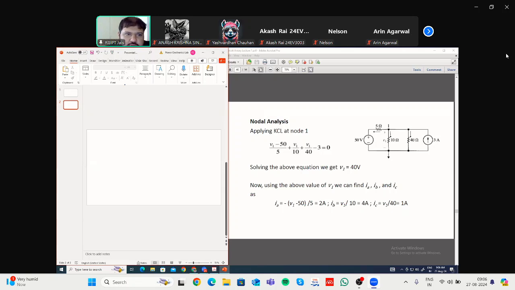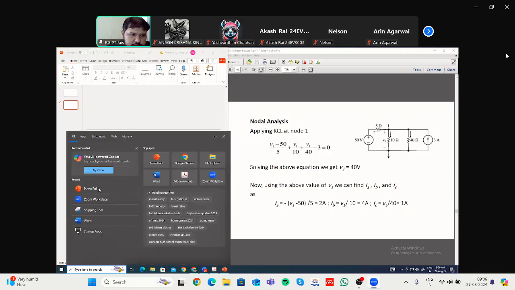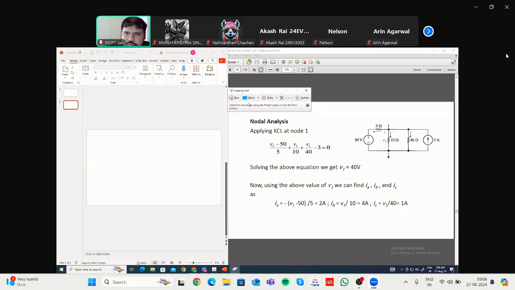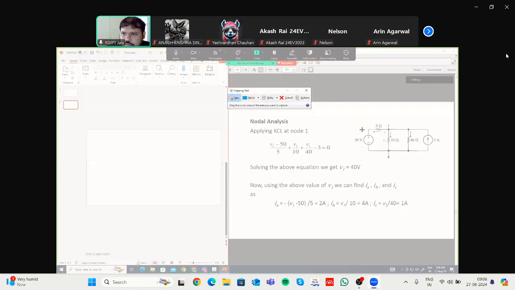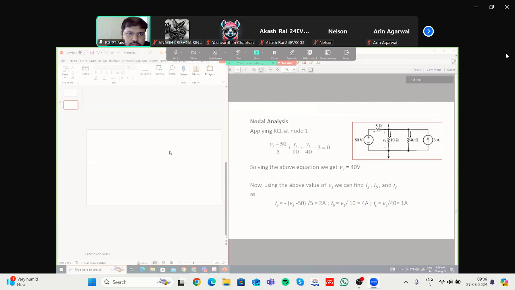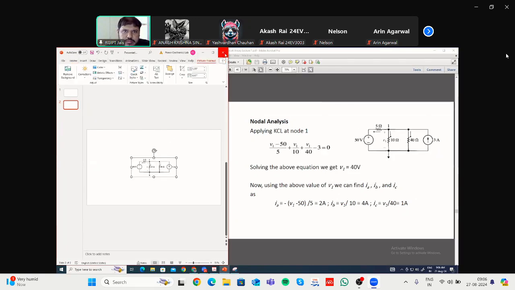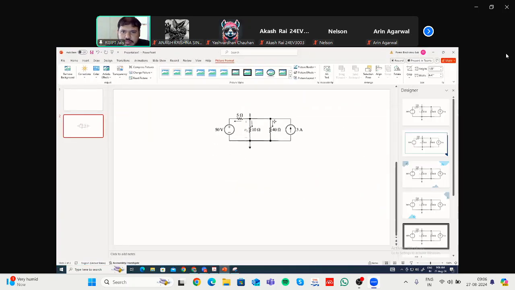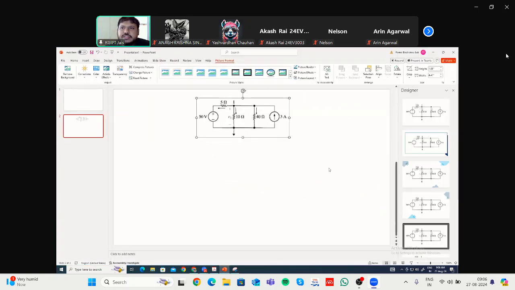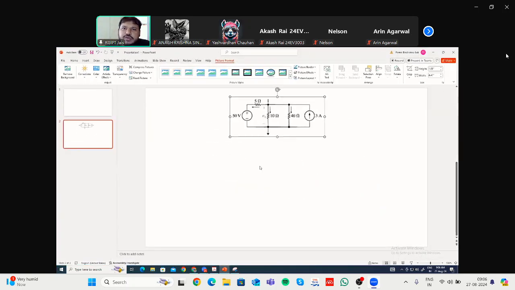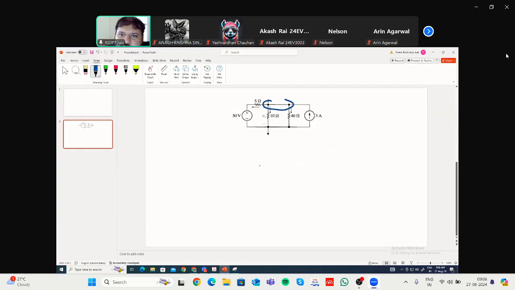So here, this is your circuit. What you can see is that this is a single node, that is node 1.